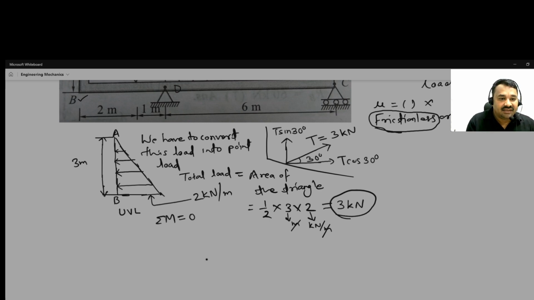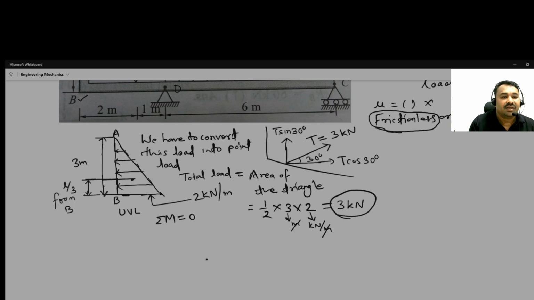So intensity at A is 0, at B is high. So the center of gravity of this mass will act somewhere near B, not near A, because the intensities are less here. So it will lie somewhere, suppose here. What about its distance? From B it is L by 3.